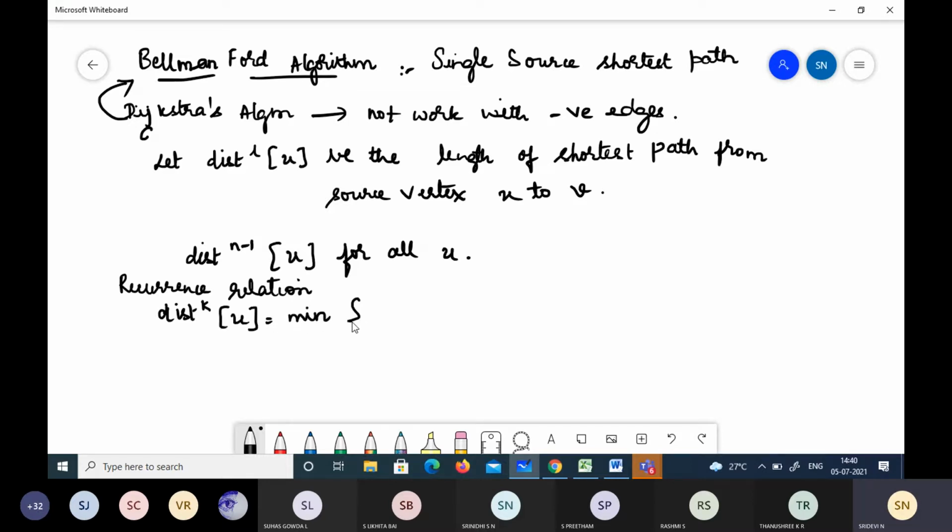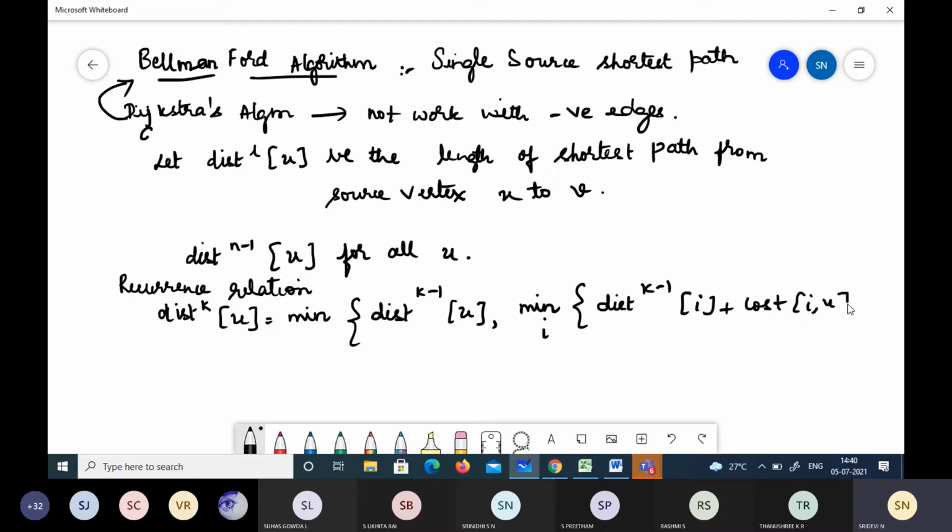Then the minimum distance by considering k minus 1 edges, and again the minimum distance with k minus 1 of I plus cost of I U. Too lengthy but not tough.